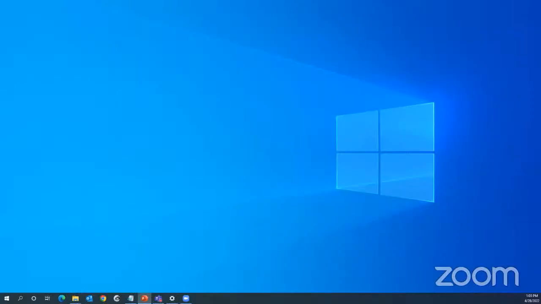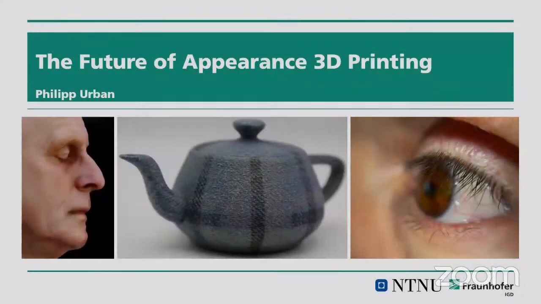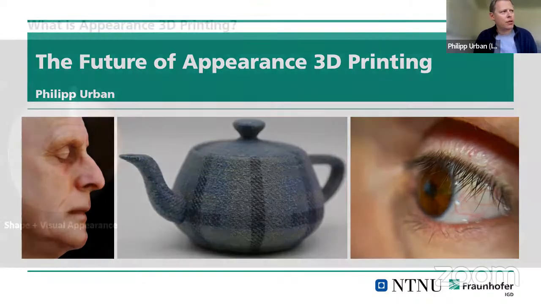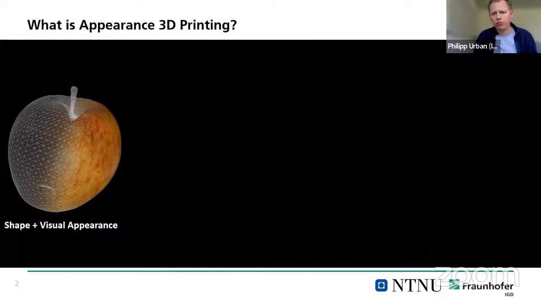Thanks, Michal. I will just share my screen. Okay, so welcome to my talk about the future of appearance 3D printing. I want to start with a definition of what is appearance 3D printing.